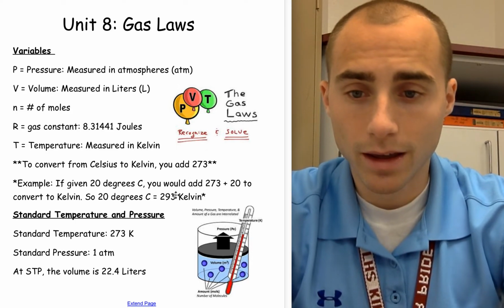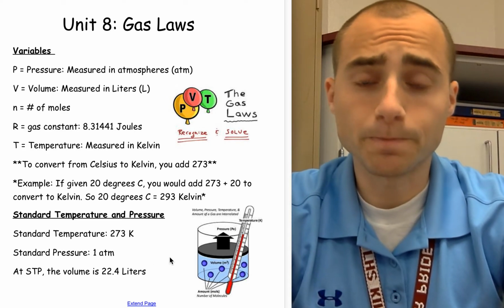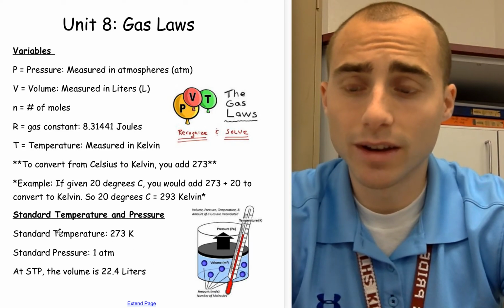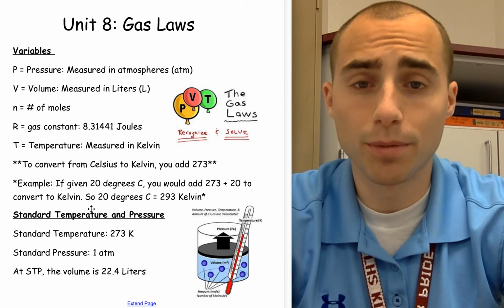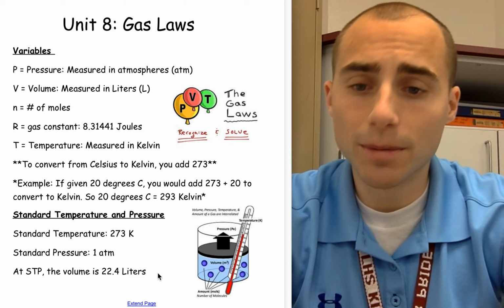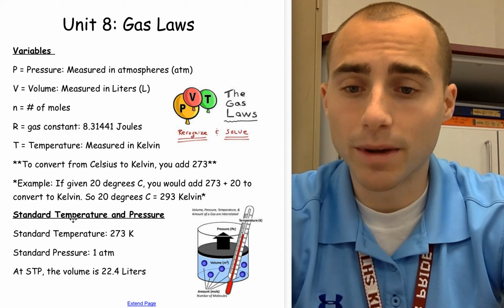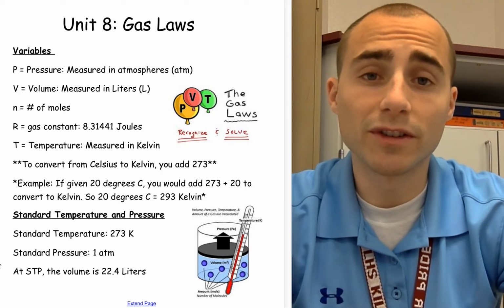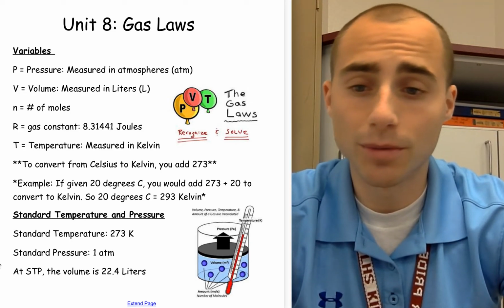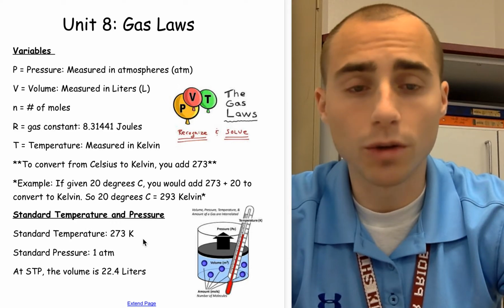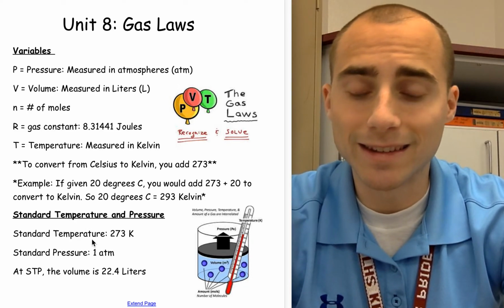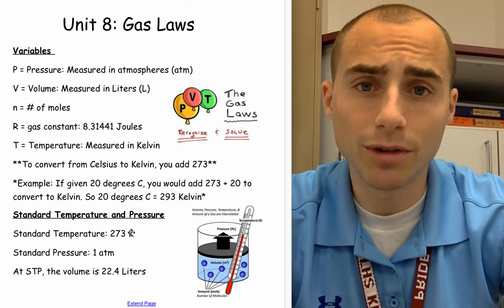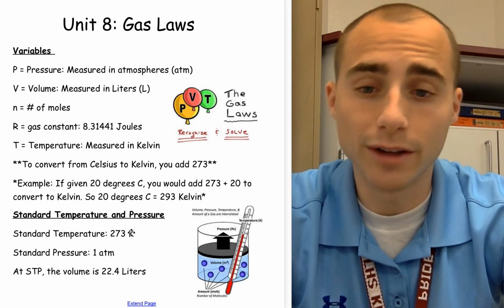Now, another thing you'll hear about throughout our gas law discussion is standard temperature and pressure. Standard temperature and pressure is represented by the following values. So if you ever see STP, standard temperature and pressure, you know the following measurements. The standard temperature is 273 Kelvin, also 0 degrees Celsius.